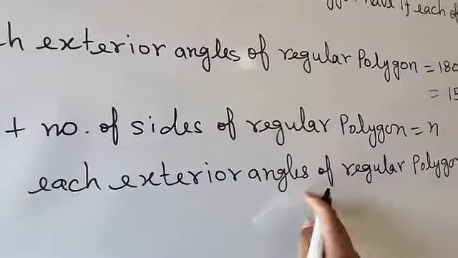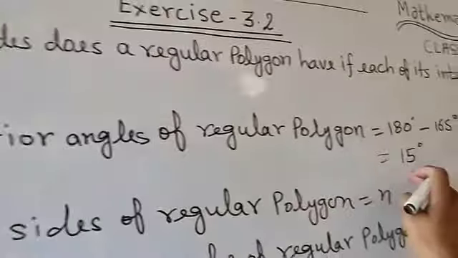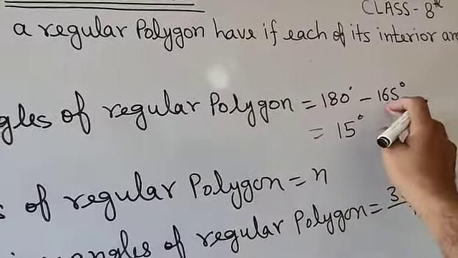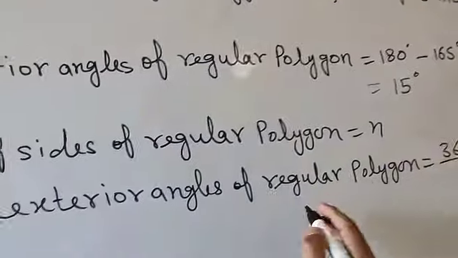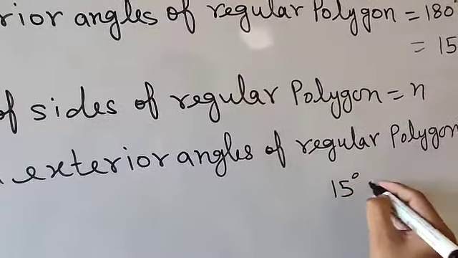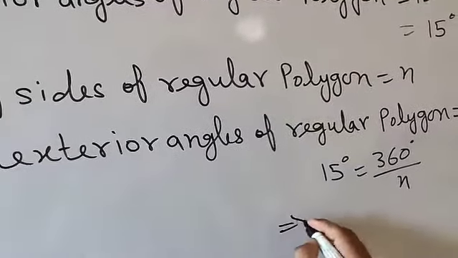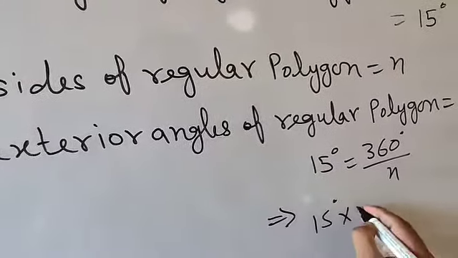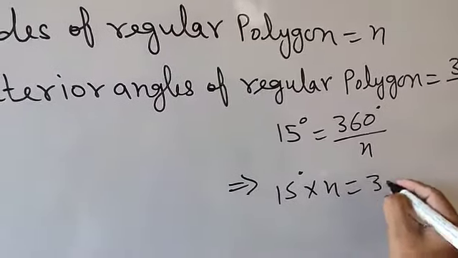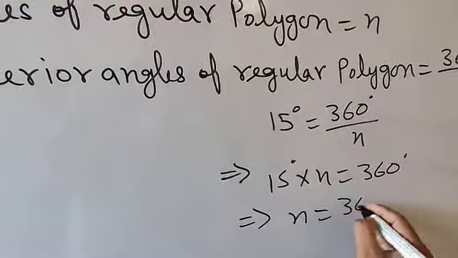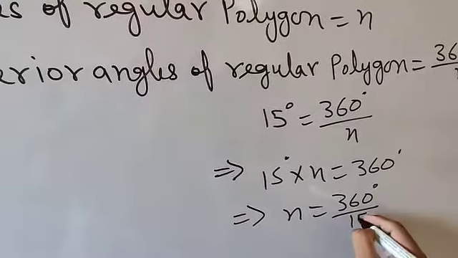So here what is each exterior angle? Here each interior angle was given, so by that I got each exterior angle. So it is 15 degrees. So 15 degrees equals 360 degrees upon n. Then go for cross multiplication. 15 degrees into n equals 360 degrees. It shows that n equals 360 degrees upon 15 degrees.